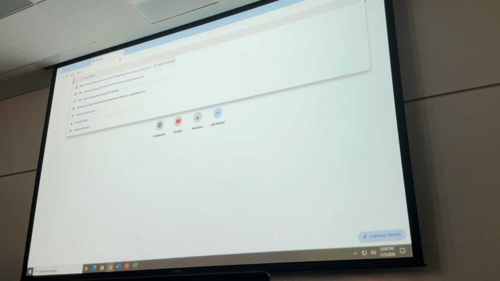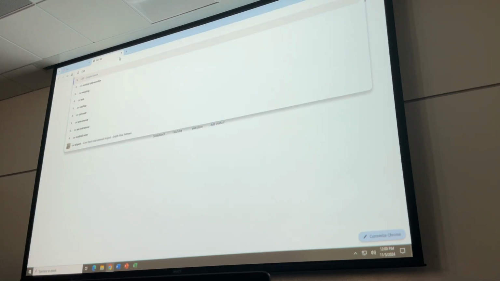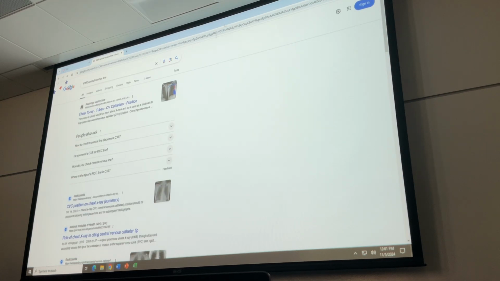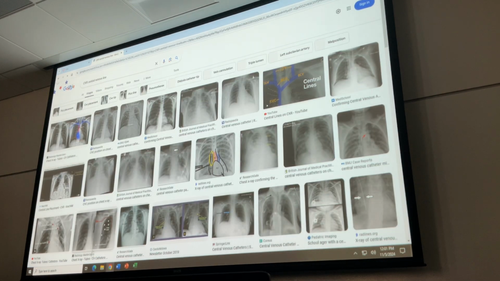Chest x-ray, central venous line, images. So let's see here. That's a good one.